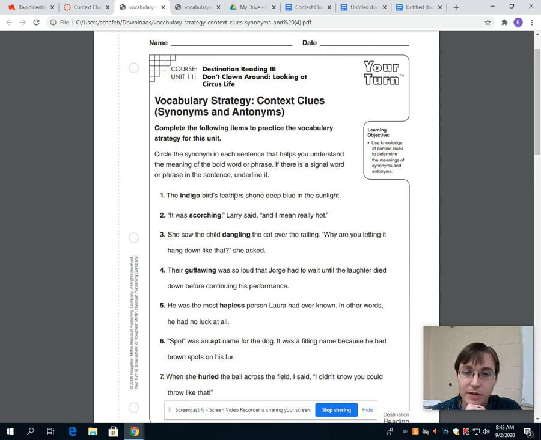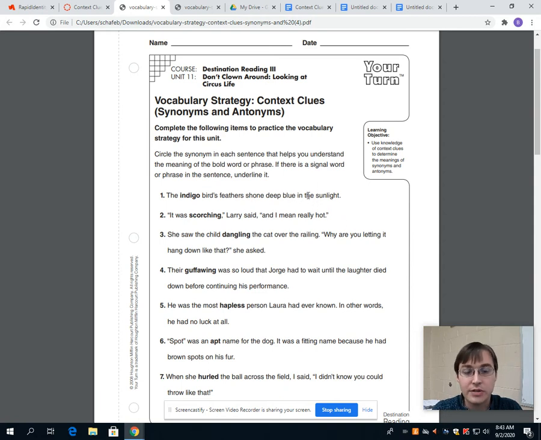So what are the bird's feathers doing? Well, they're shining, and they're shining a certain color, deep blue. That could be our meaning. Indigo could mean something like deep blue. So I'm going to look back at this sentence and see, is there anything else about this bird in it? The indigo bird has feathers that are shining deep blue in the sunlight.